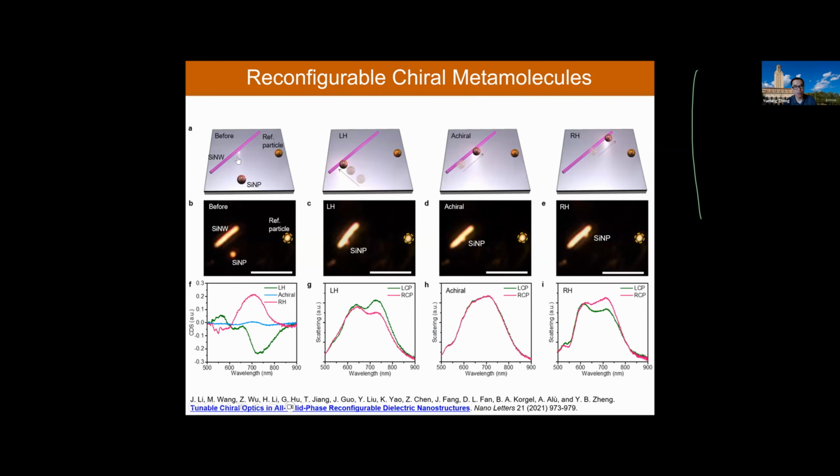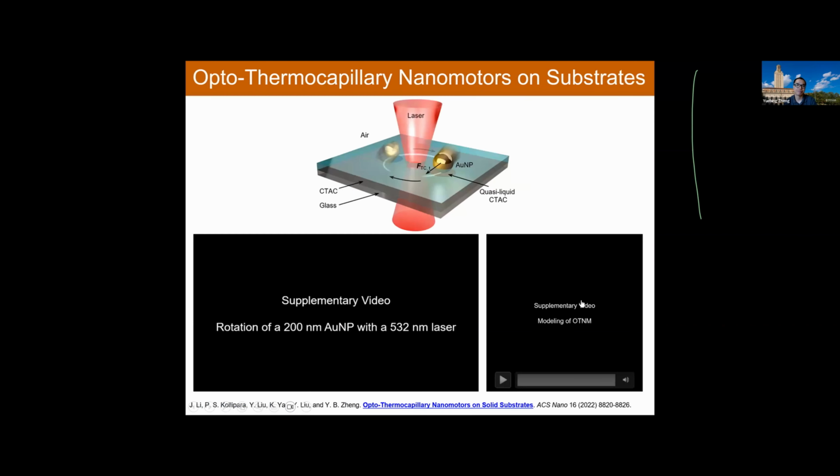So you can see we can put a silicon nanowire, we can move this silicon nanoparticle towards this nanowire, and we can control their position. Optically, we show that because of the position of this particle, we're able to generate a chiral structure. If asymmetric, at the one ending, it becomes a chiral structure, so we get chiral responses.